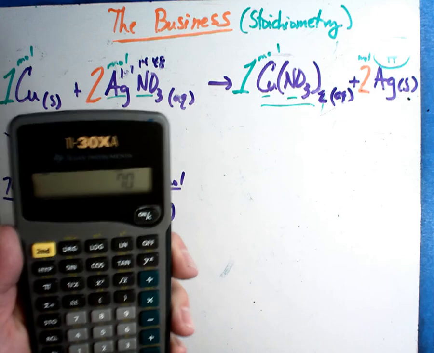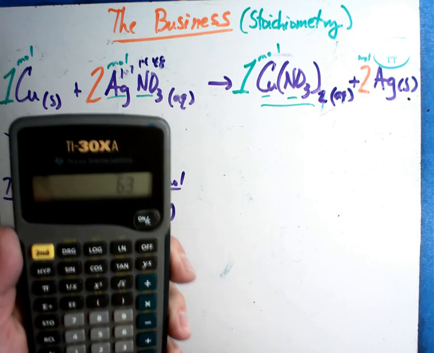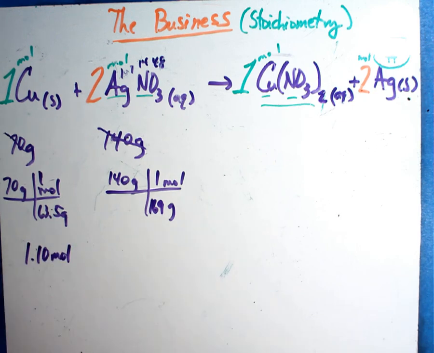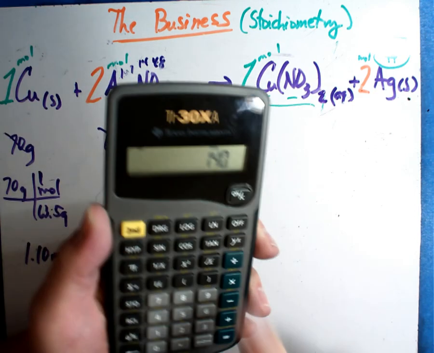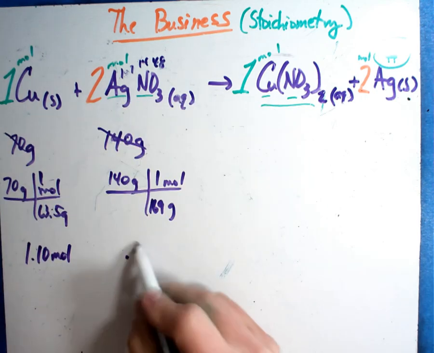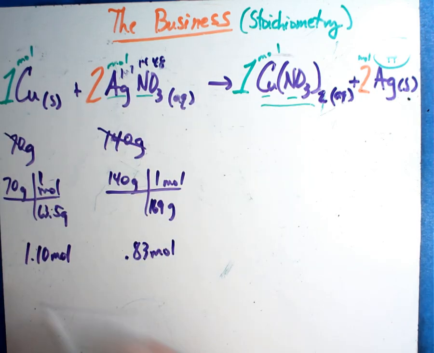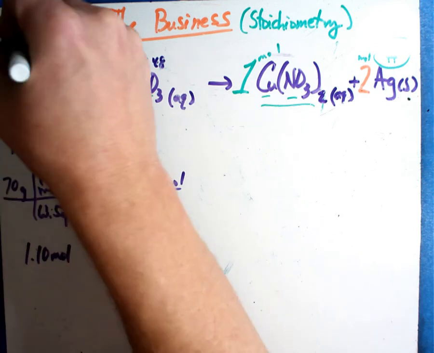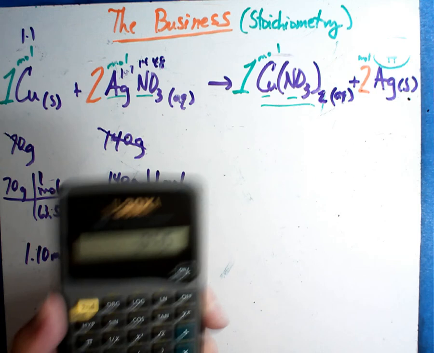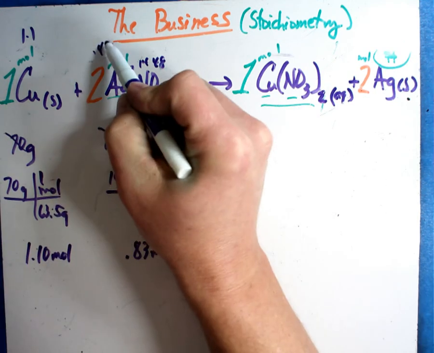So 70 divided by 63.5 is 1.10 moles. And 140 divided by 169 is 0.83 moles. Now I can work it. 1.1 divided by 1 is a change of 1.1. 0.83 divided by 2 is a change of 0.415.